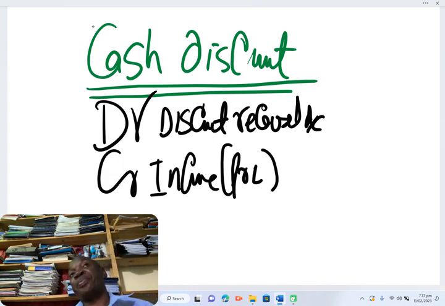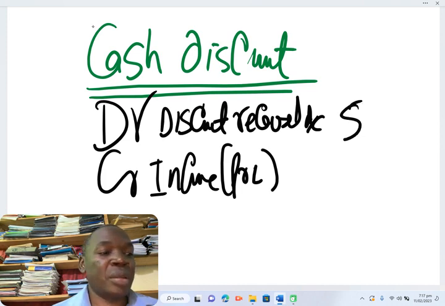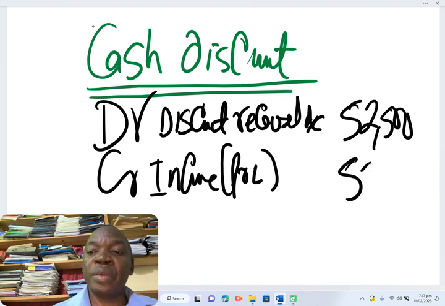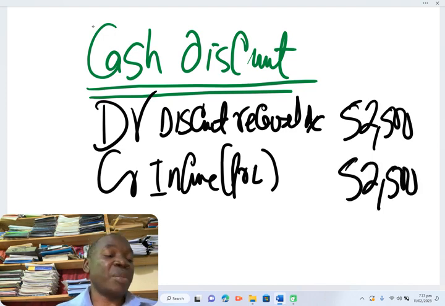Kwa figure yangu ilikuwa ni 5% ya nini? Ya ile basic price, ndio. Piga sasa. So that is $52. Hizo zitapia. Yes. That is discount received. Umeeleka hapo. Discount received. Kaa vizuri.